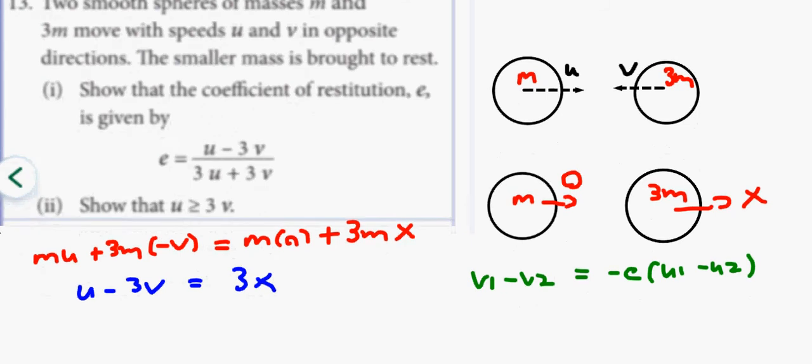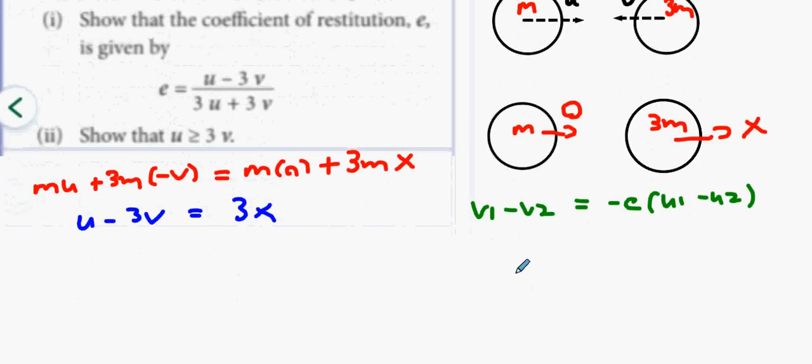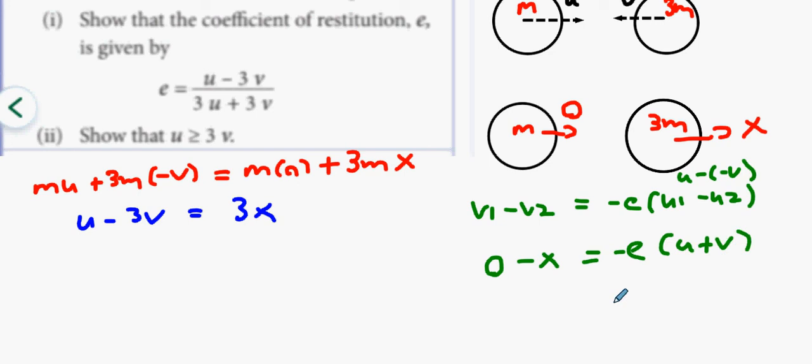So 0 minus x equals minus e into u minus v, which is u plus v. Minus x equals minus eu minus ev. Actually, no need to do that, we're going to factorize it out anyway. Just leave it alone. So multiply both sides by negative.